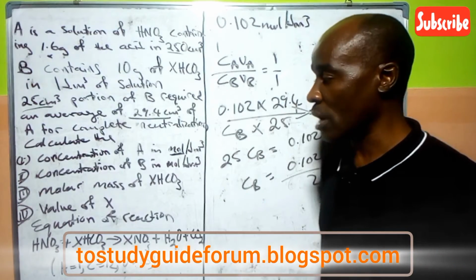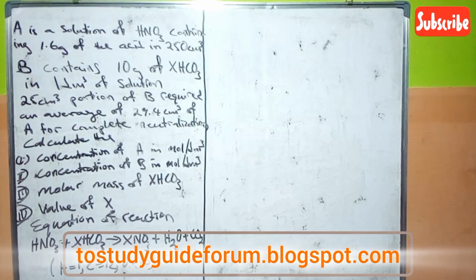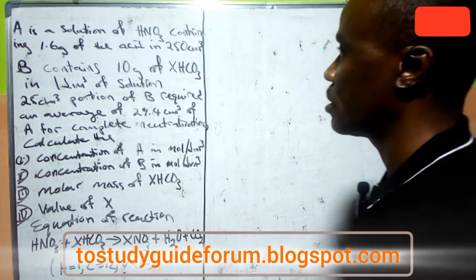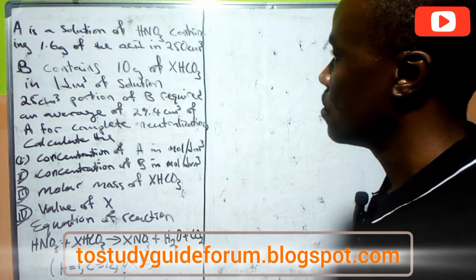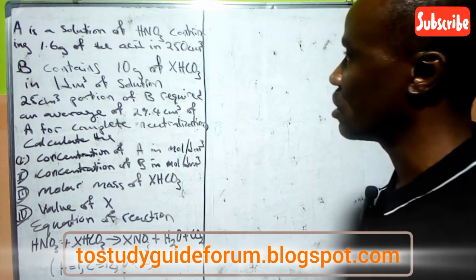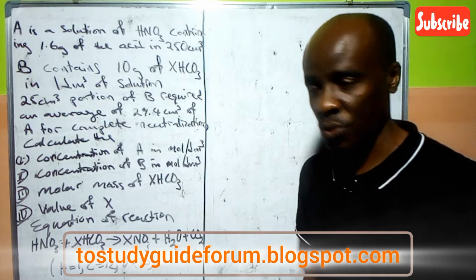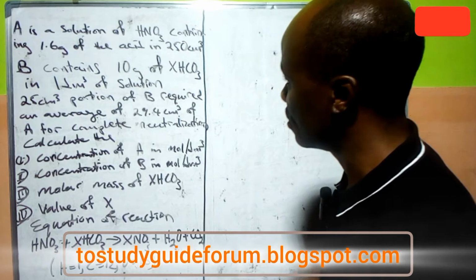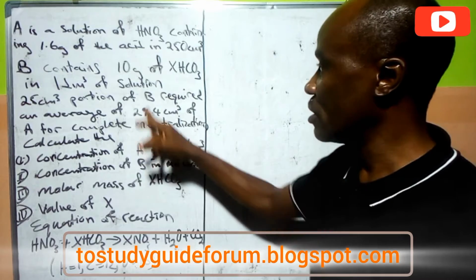The next one I'm going to do now is another interesting part of it. Yeah, we have a question here. It said A is a solution of trioxonitrate acid containing 1.6 gram of the acid in 250 cm cube. B contains 10 gram of hydrogen trioxocarbonate in 1 dm cube of solution.